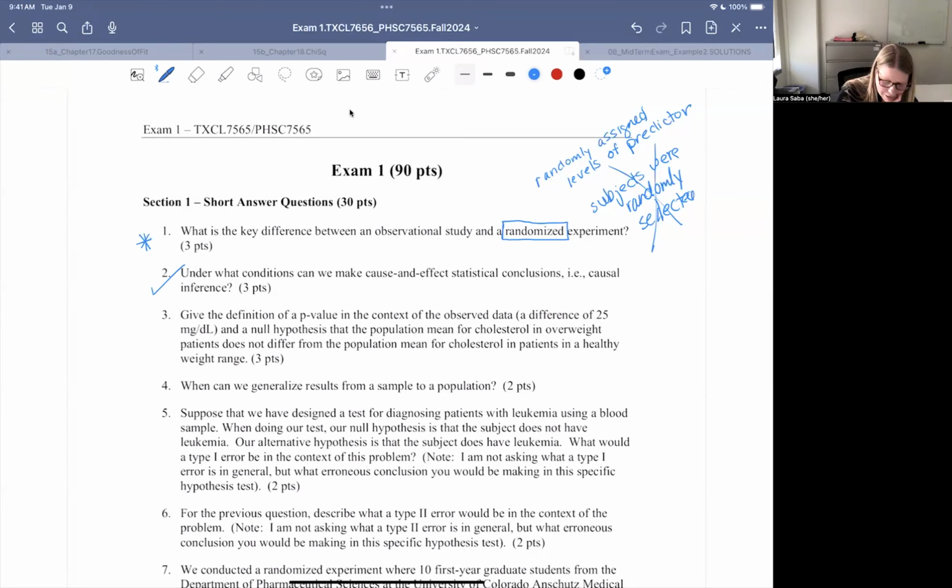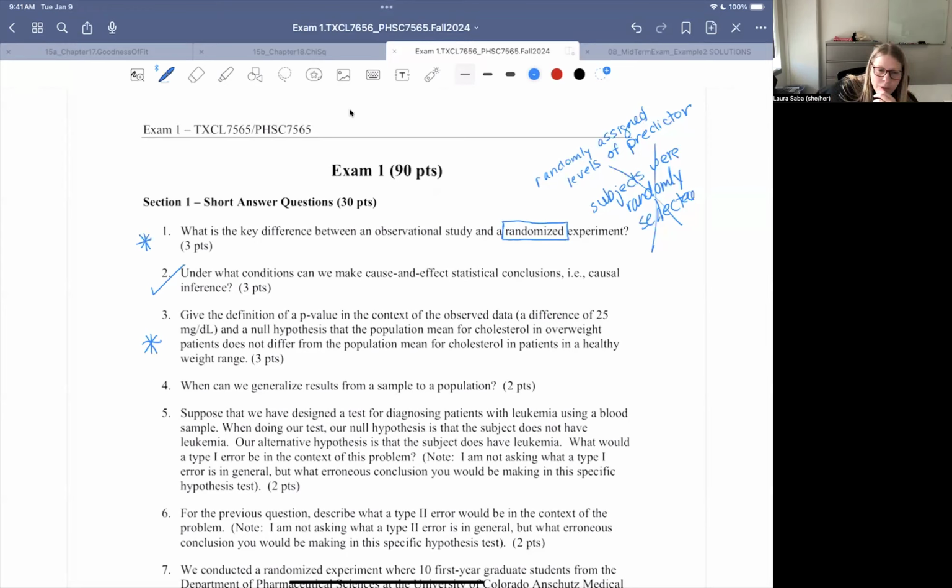P-value definition, that one will appear again on the final. A couple of things, people kind of did their own thing and kind of a general interpretation. Remember, I gave you in the exam review a Mad Libs description of a p-value. There is some specific text that I want you to use when describing a p-value, when we're being really precise about what that is a probability of.